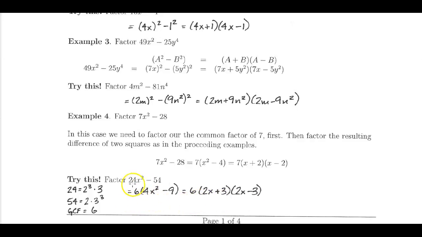One thing that you might want to do is, if you still have common factors, like if you just took a 2 out, you'd have 12x squared minus 27, and there's still a common factor of 3. So just make sure that you take all the common factors out as you factor these polynomials, that you find the greatest common factor.